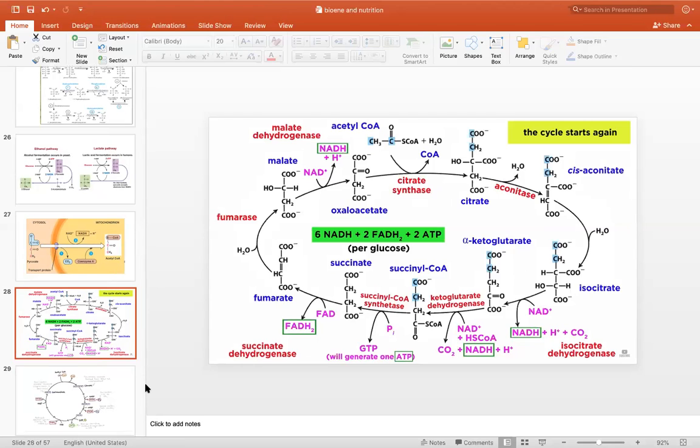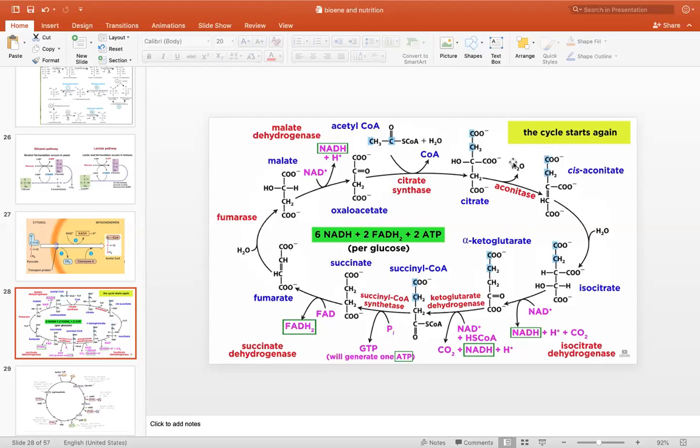Okay, again, the same question, do we need to learn this? Again, I would recommend just learn the steps जहाँ NADH या FADH ATP produce हो रहा होता है, ठीक है? So you have your acetyl-CoA. Acetyl-CoA is first combined with oxaloacetate by the enzyme citrate synthase to form citrate.